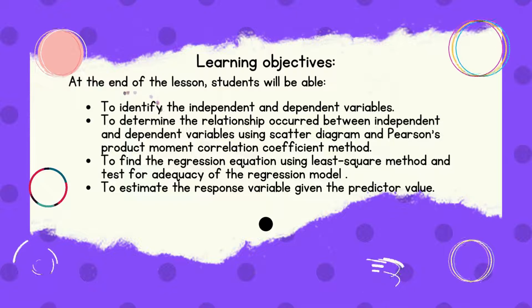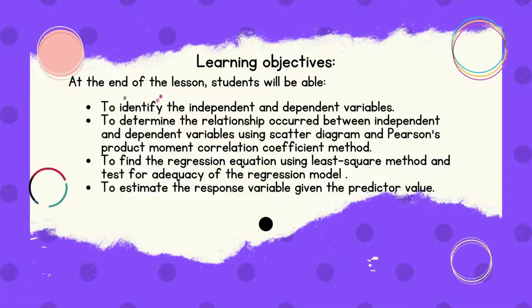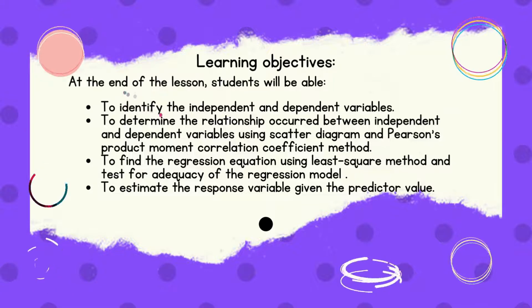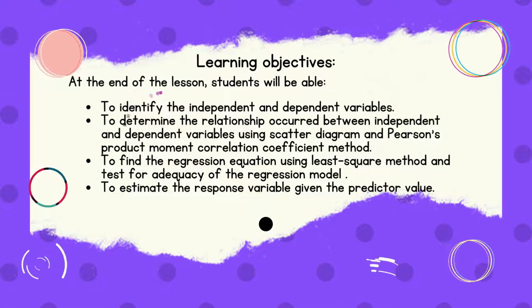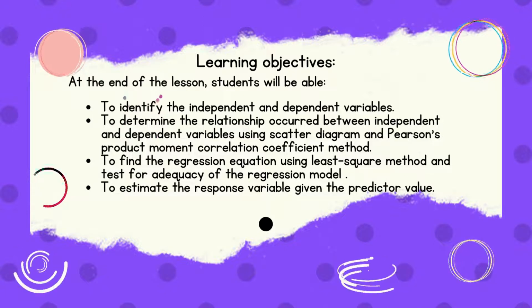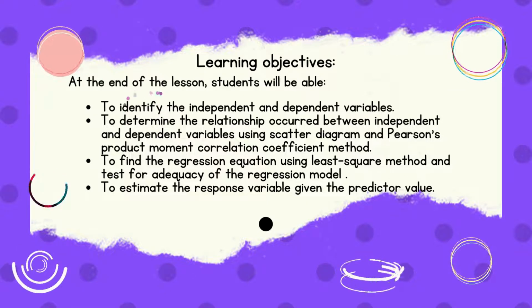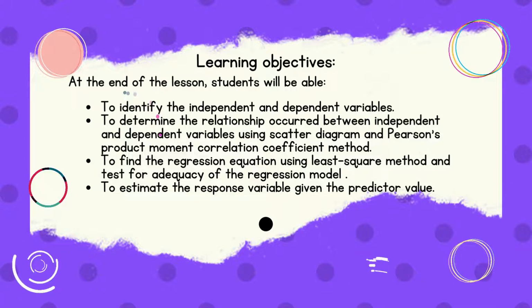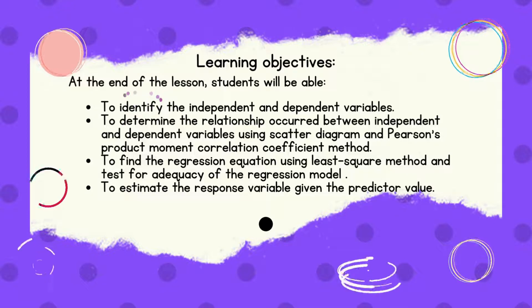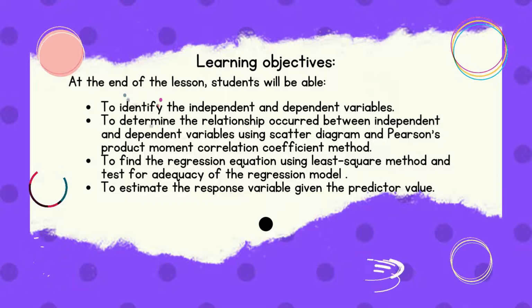Third, you can find the regression equation or regression model using least square method. And last, from the regression equation, you can estimate, predict, or forecast the response variable given the predictor value.